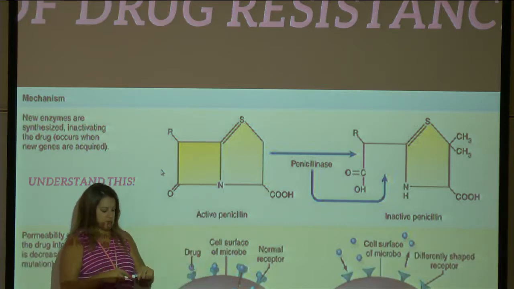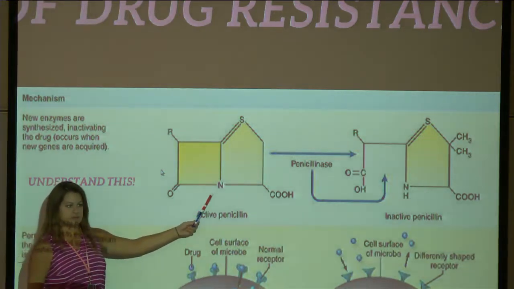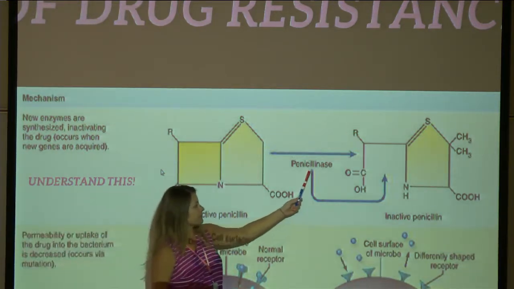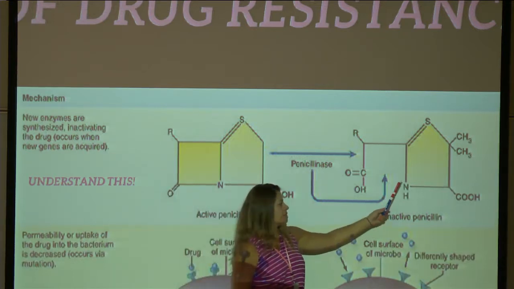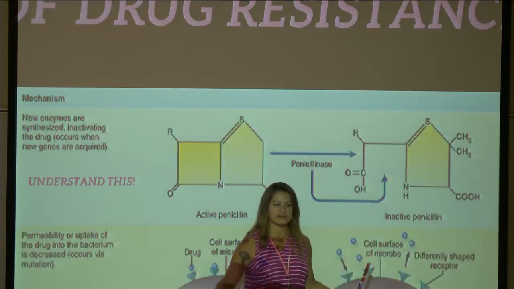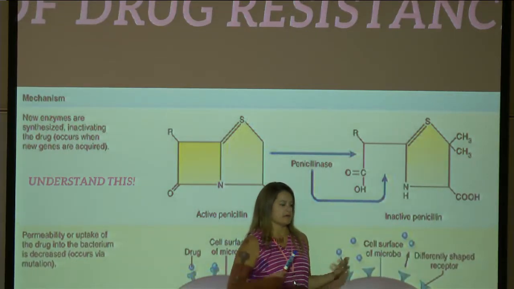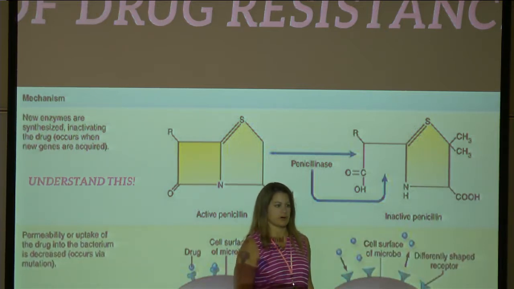Okay. So, if you look at this, here's your penicillin. If the bacteria have penicillinase, it breaks this beta-lactam ring. Penicillin is now inactive. It doesn't work. So some bacteria have enzymes that they employ just to destroy the drug.